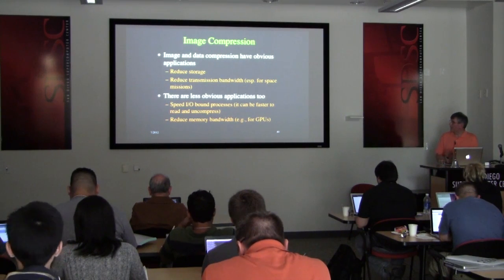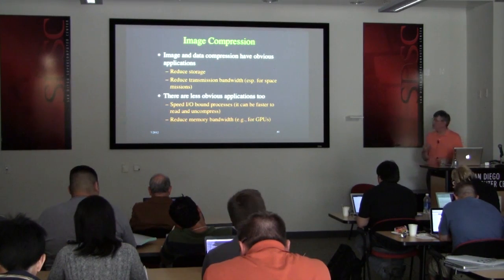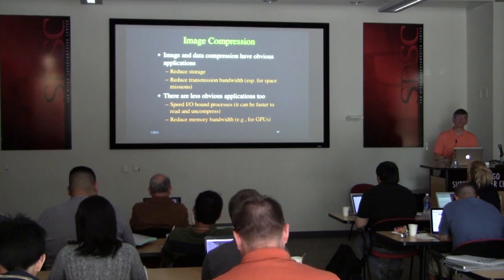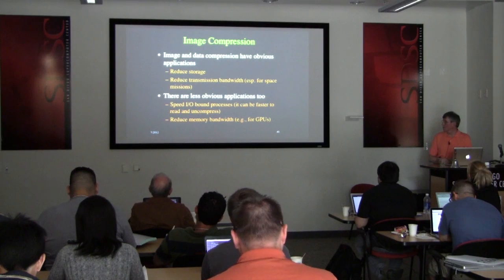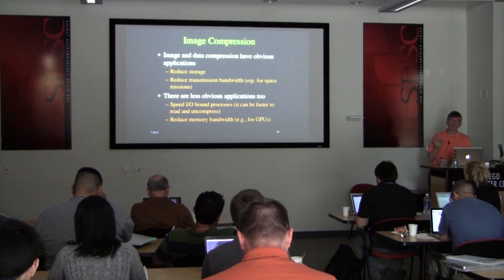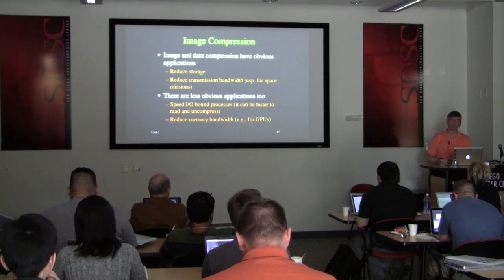Another application where the data transfer rate is important is reducing the bandwidth between memory to memory transfers. GPUs are a good example. In a lot of algorithms using GPUs, the real limit on the rate that you can do processing, and the kinds of algorithms that you can use, is set by the bandwidth to the memory of the GPU.